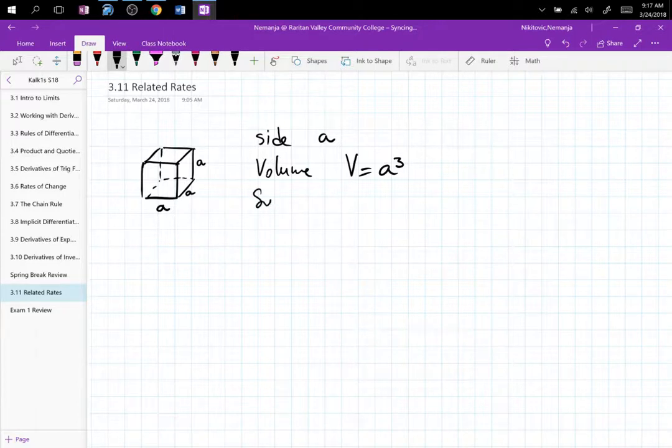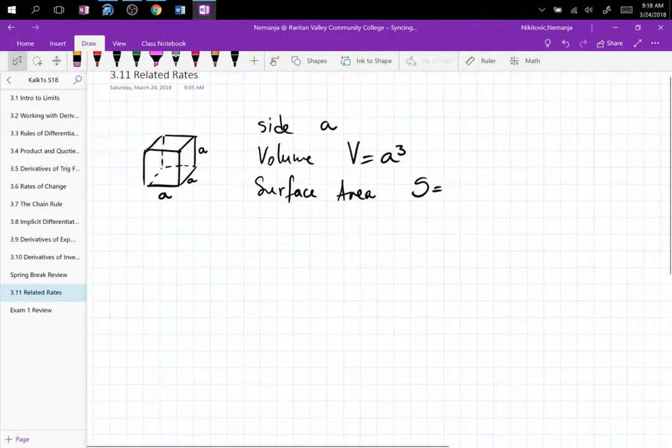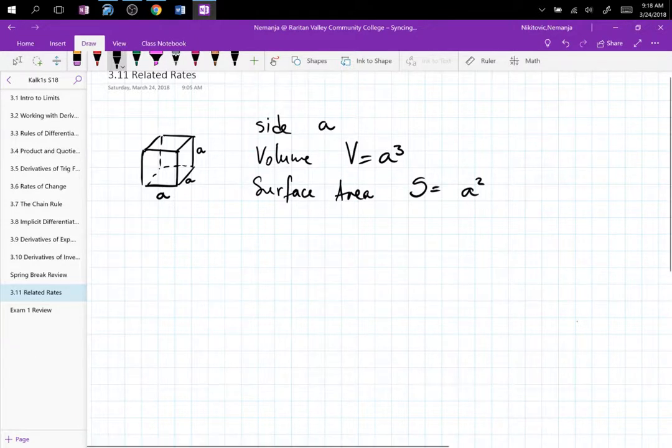You have the surface area, and the surface area S is going to be the area of each side, and then you add all the sides. So what's the area of one of the sides? Very good. A squared.